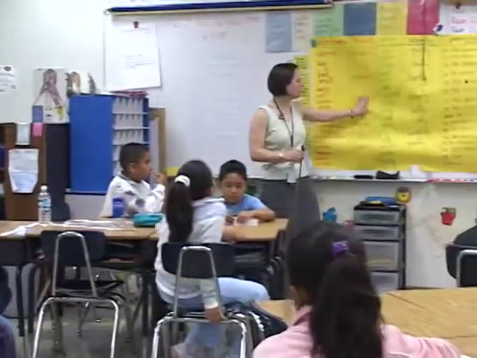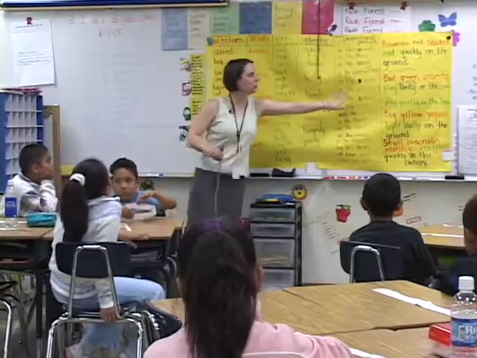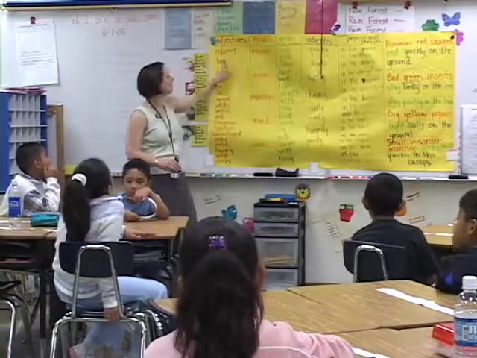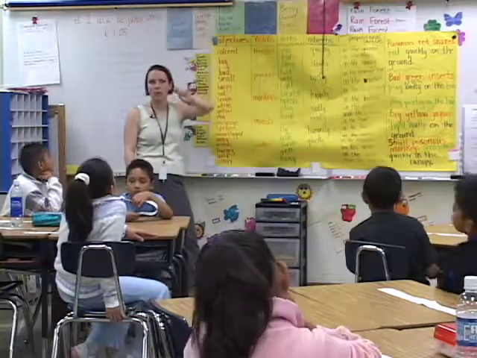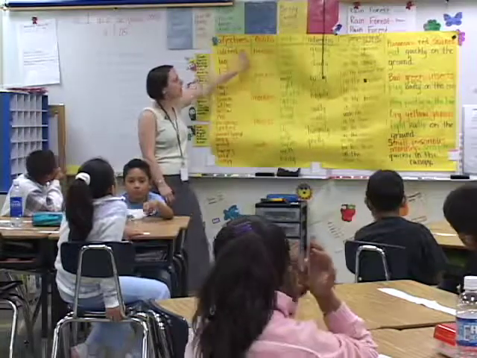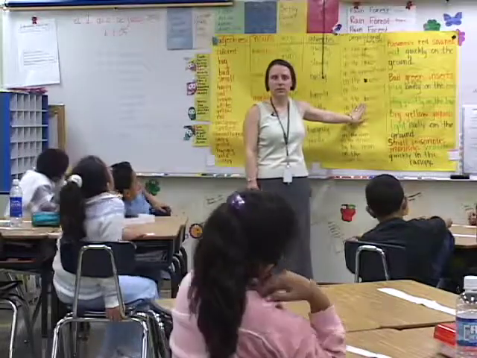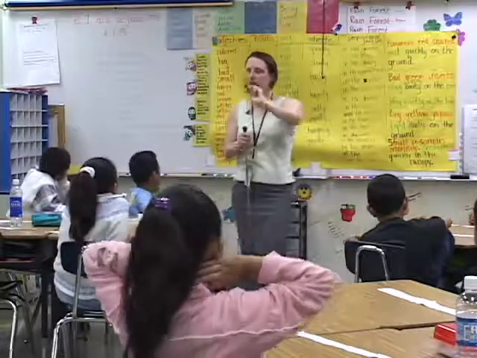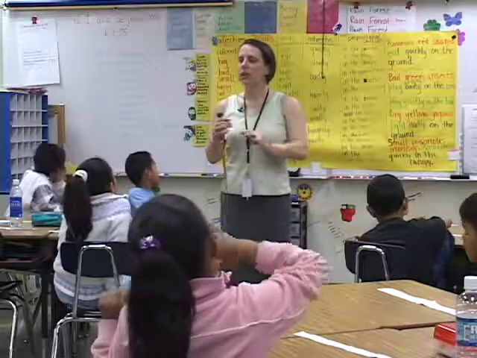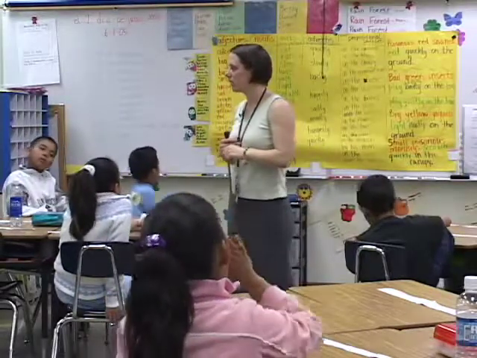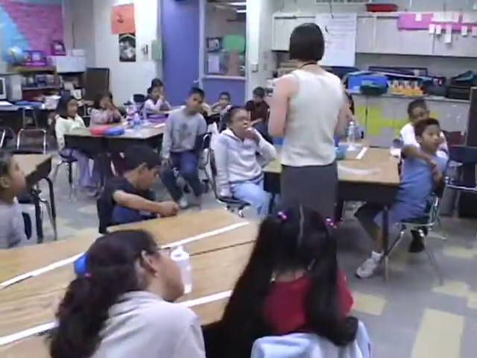And are you going to use words from each of these columns? Yes, you can use 2 adjectives, not more. You can use 1 or 2 adjectives, a noun, a verb, an adverb, and a prepositional phrase. Okay? You have to write 3 sentences, and then you need to illustrate. Remember what illustrate is? What is it, Alma?